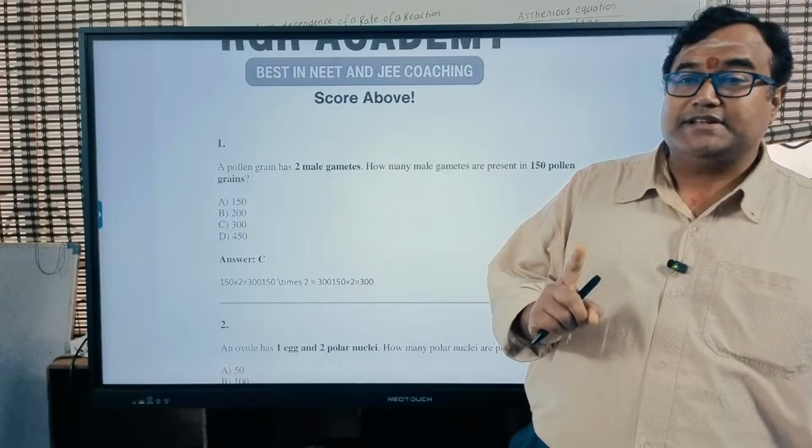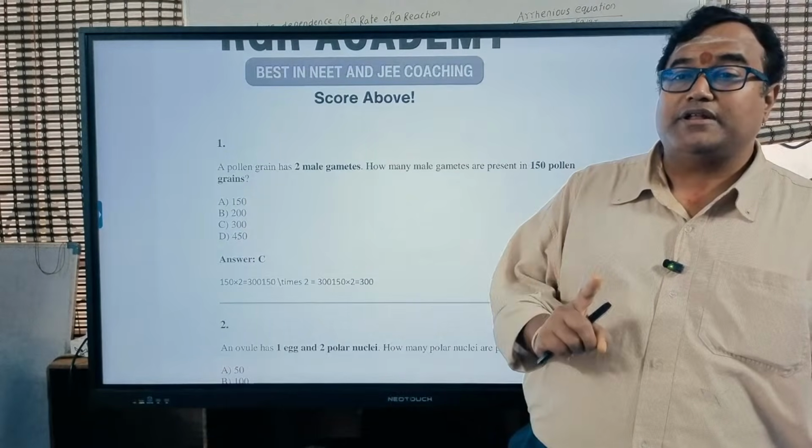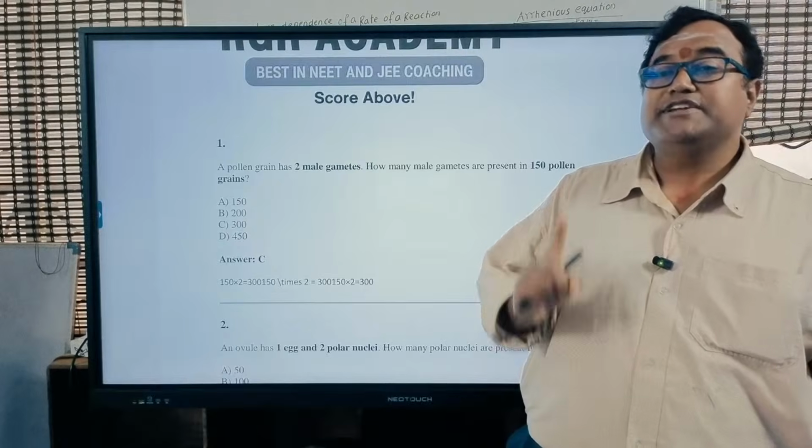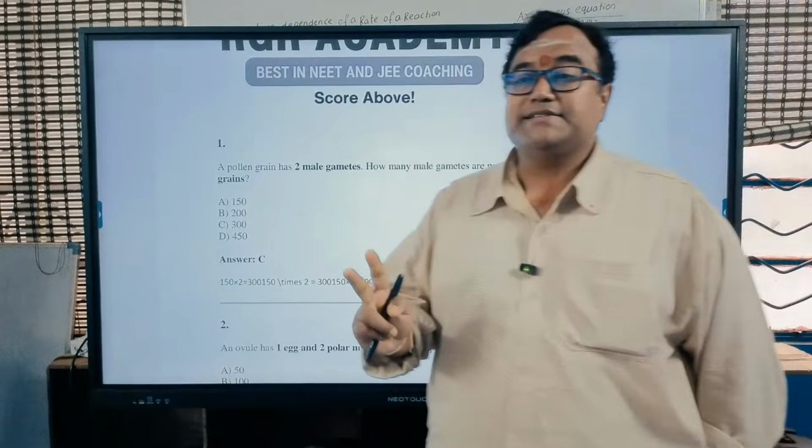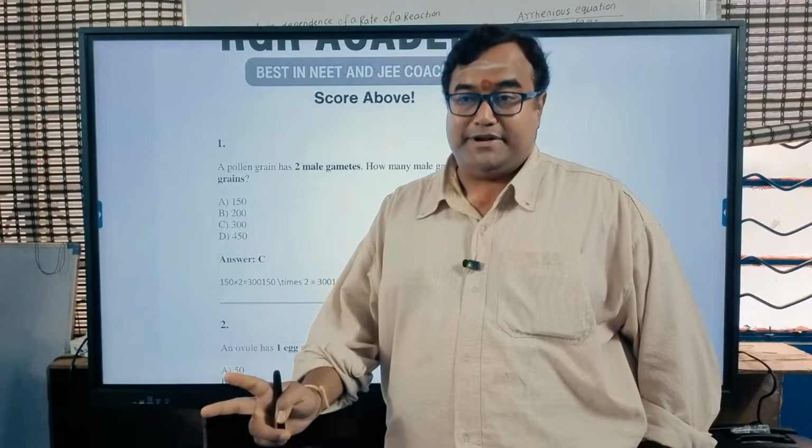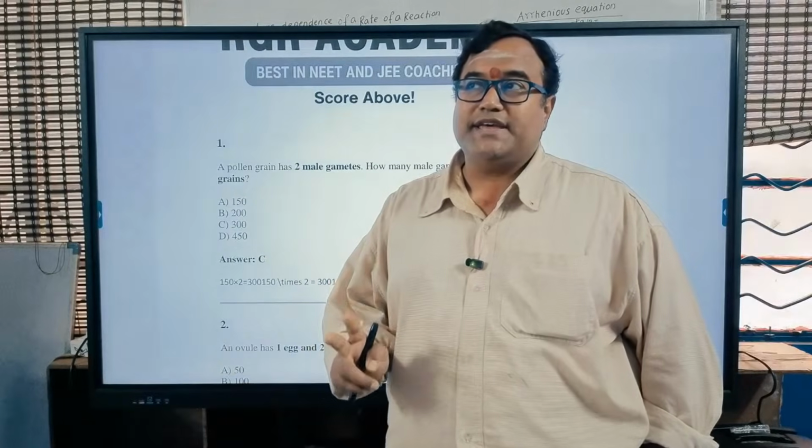When one generative cell of the pollen grain or microspore is getting divided, it makes two haploid male gametes. Why, sir, are you saying haploid mitosis?